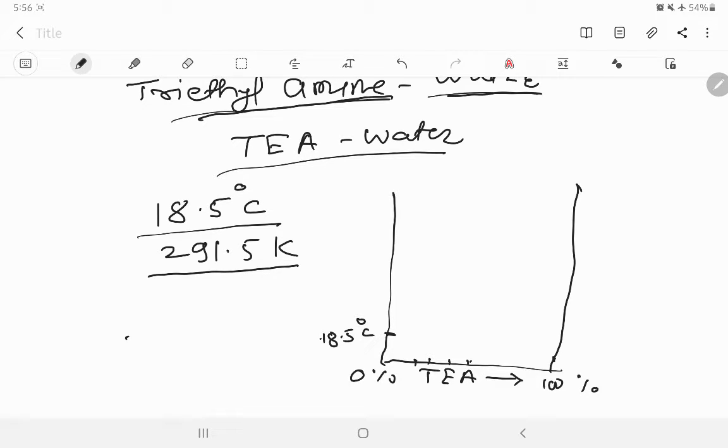There is no separation of two layers. But as we go on increasing temperature, what happens? At 18.5 degrees Celsius, there is a separation of two layers and we will get such a parabola. Below this temperature, triethylamine and water are completely miscible, and above this temperature they become partially miscible.